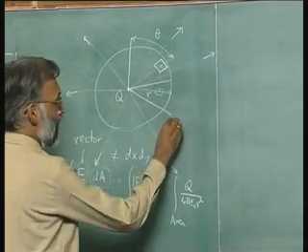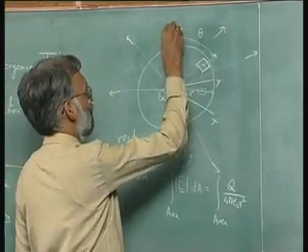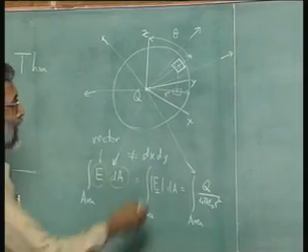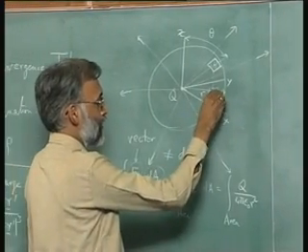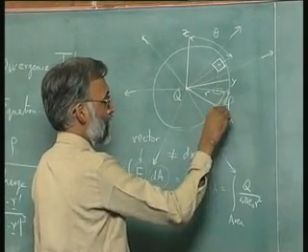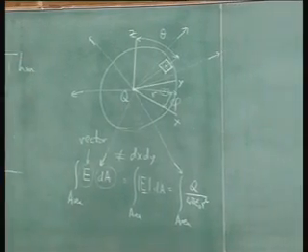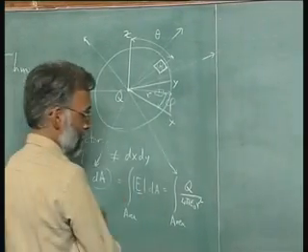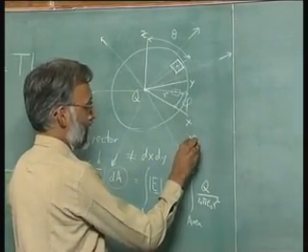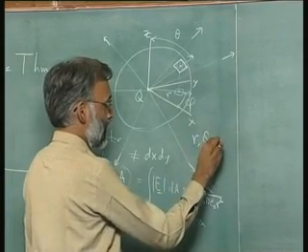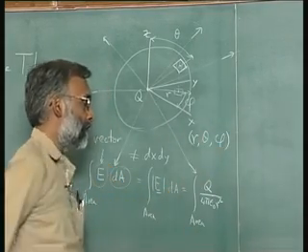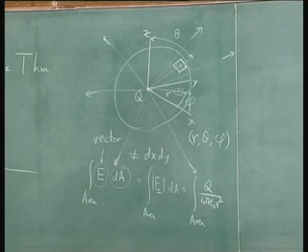This is x, this is y, this is z. Then the angle with respect to the x axis is called phi. So, the coordinate system in spherical coordinates is r, theta, phi. Sometimes it is called psi.